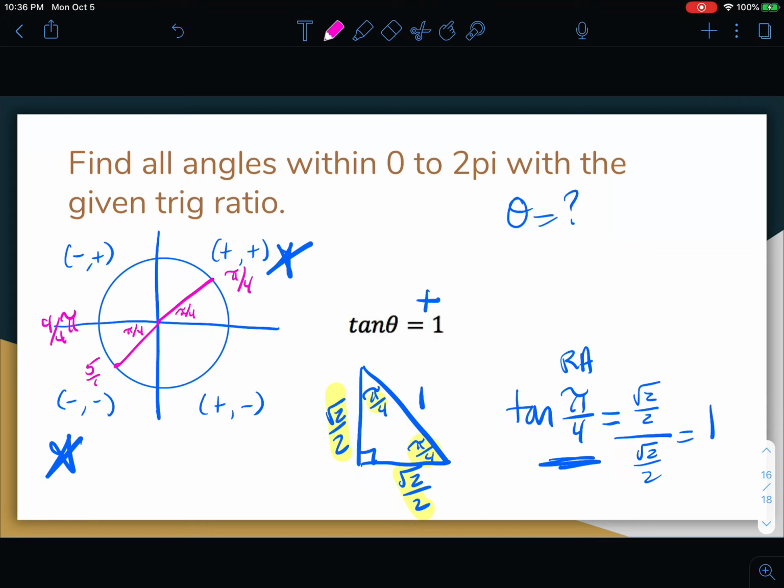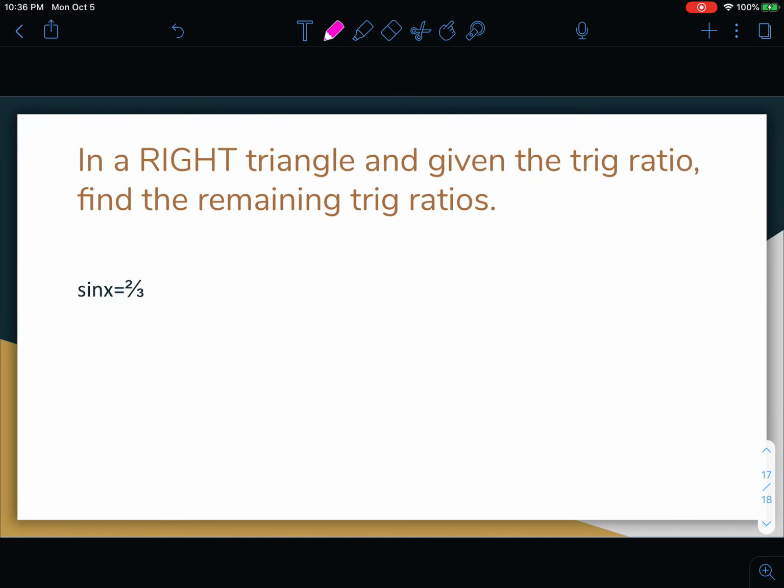This is 4/4 pi radians, so this is 5/4 pi. The big thing I'm trying to solve for is what is theta? Theta is pi over 4 and 5/4 pi. If you plug either of those into tangent, you will get positive 1 as your output.